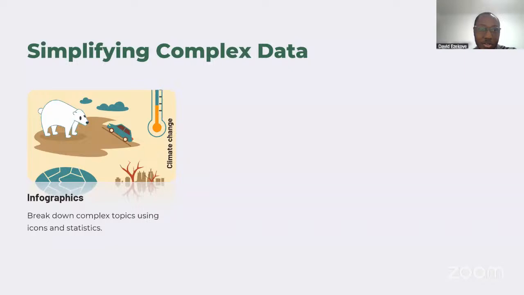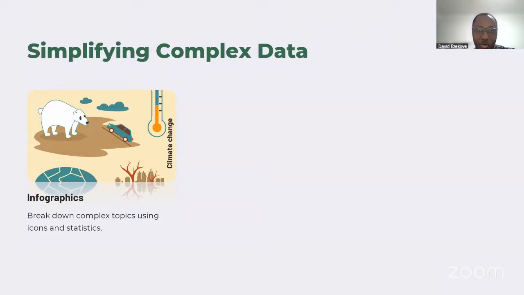So this singular picture tells the story of climate change. It breaks down a whole lot of words, maybe a 1-page or 2-page document on climate change, into infographics. So we can use infographics to break down complex topics using icons and statistics.